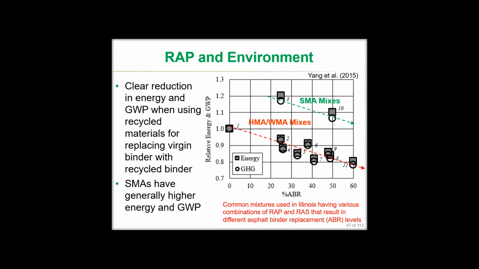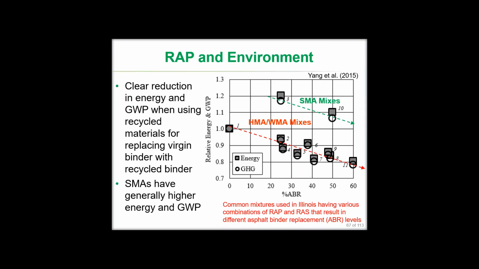So if we look at those numbers, we can clearly see a linear reduction in the energy consumption and greenhouse gases with the increasing use of RAP and RAS, which is not a surprise for us. But we can also clearly see a distinction between different types of mixes.